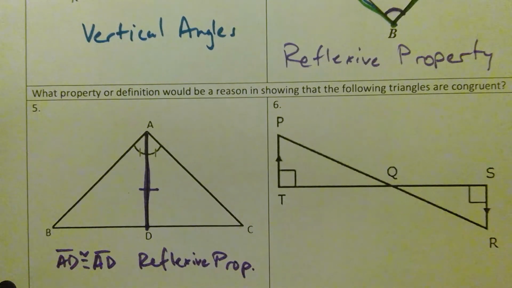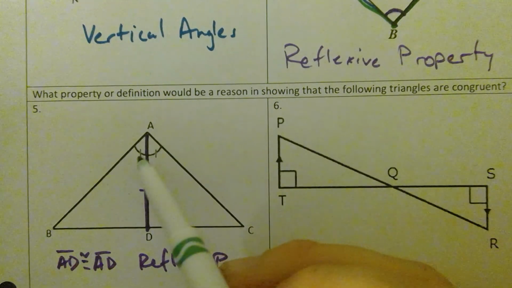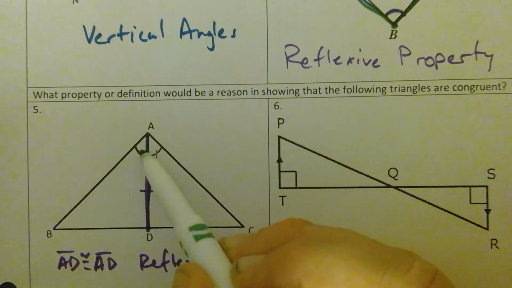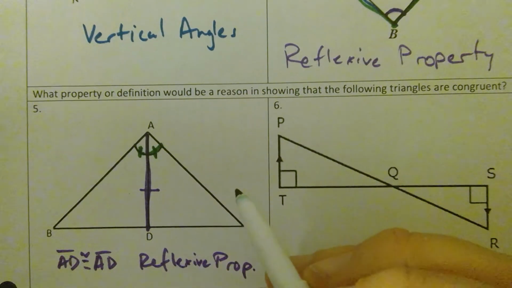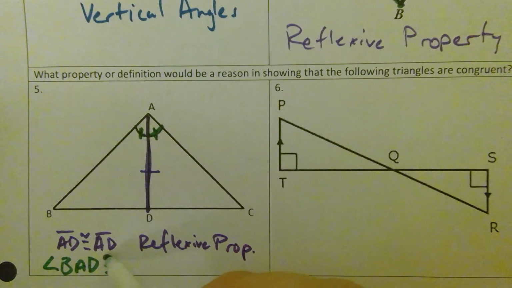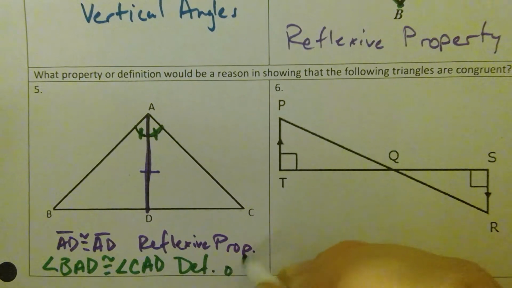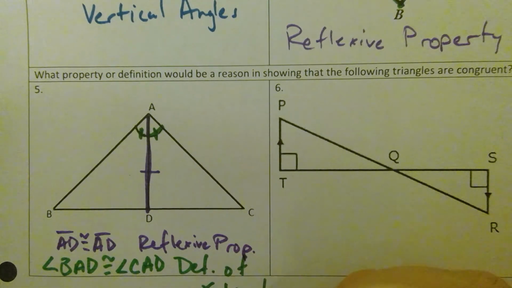Okay, but not only do we have the reflexive property there, we also have some markings up here that are going to say that we have an angle that's congruent here and an angle that's congruent here. Okay, so that would be angle BAD is congruent to angle CAD, and that is the definition of an angle bisector.